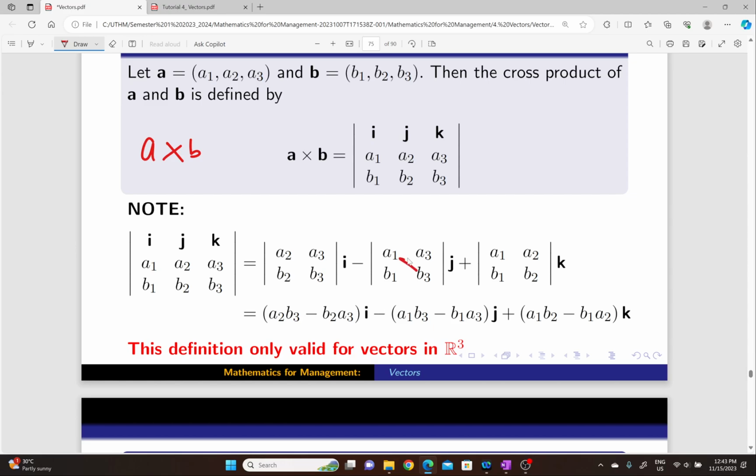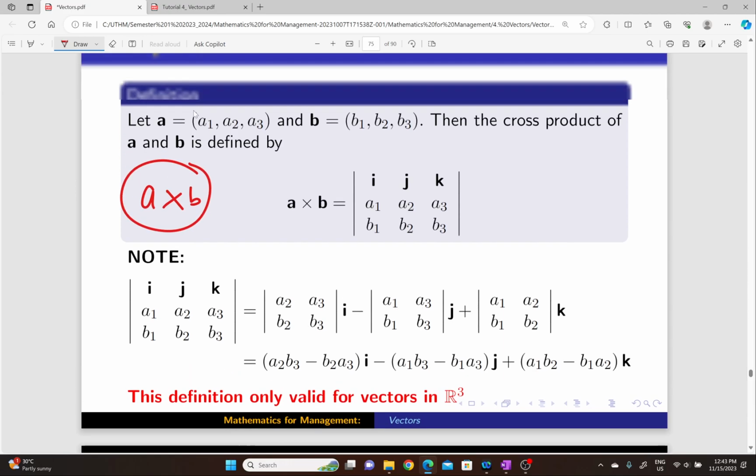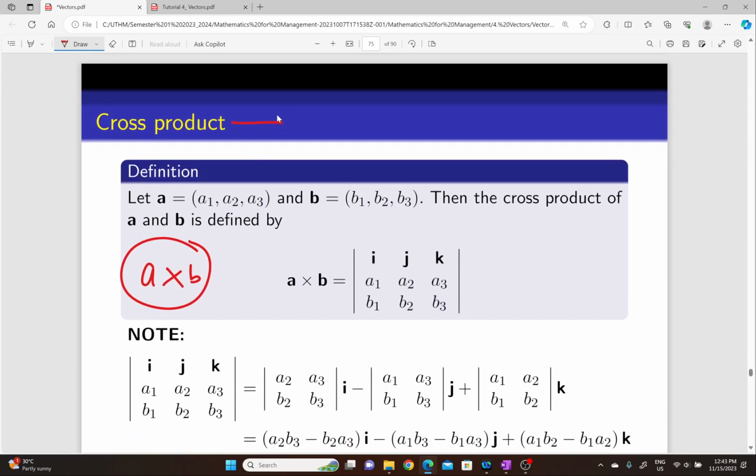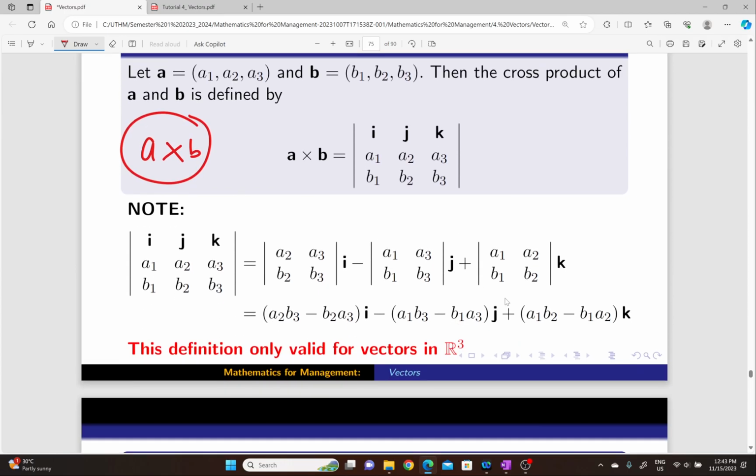Minus, multiply, minus, multiply, then the other diagonal. Basically, you will get a vector here. Cross product will give you a vector.